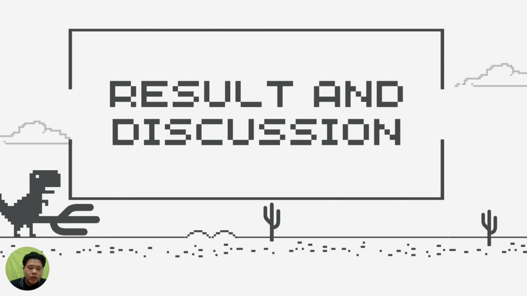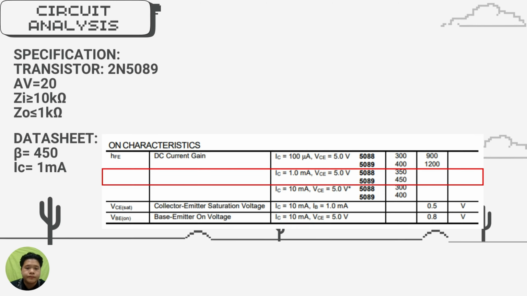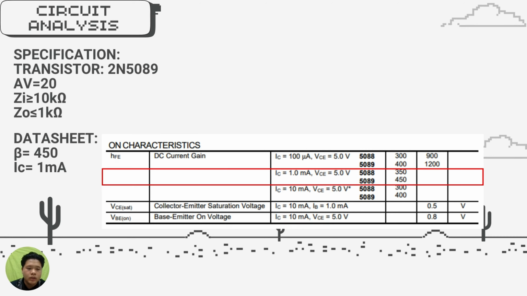Next, for the result and discussion is our circuit analysis. For the circuit analysis, the transistor we use is the 2N5089, and we set AV is 20, ZI is greater than or equal to 10 kilo ohm, and ZO is less than or equal to 1 kilo ohm.